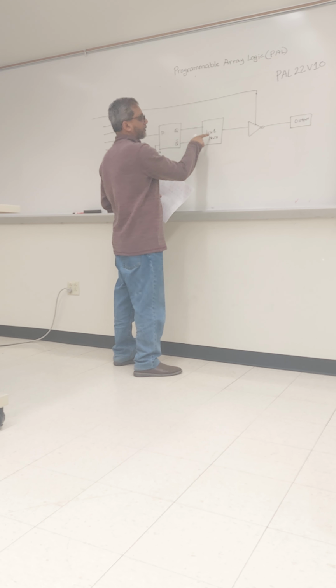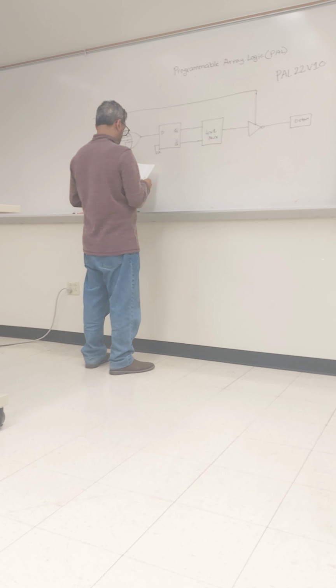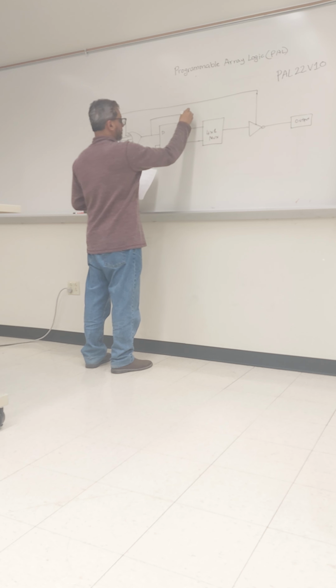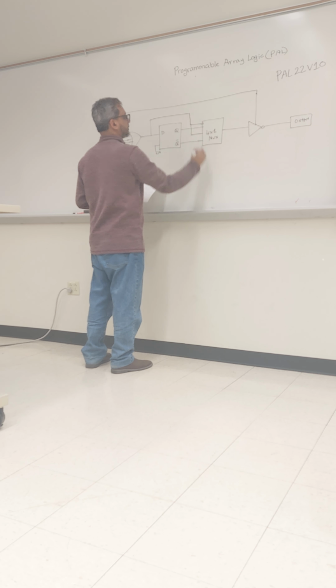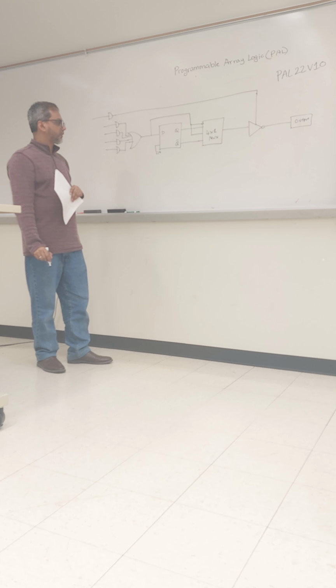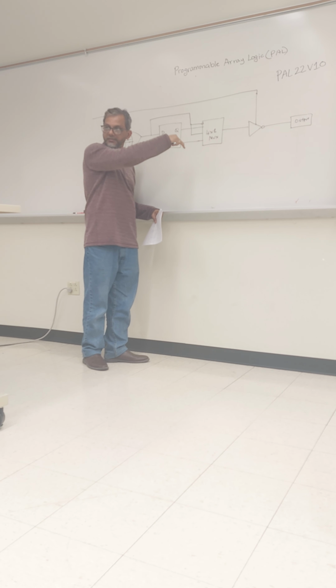And as this is a 4 to 1 mux, it has two more inputs. The inputs are coming from here, one with a bubble, one from here. Okay, fine. So to control this mux, we should have selection lines.